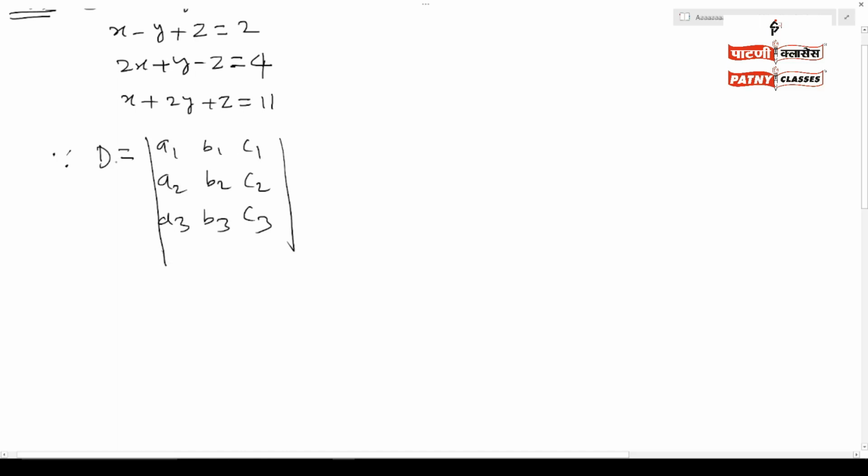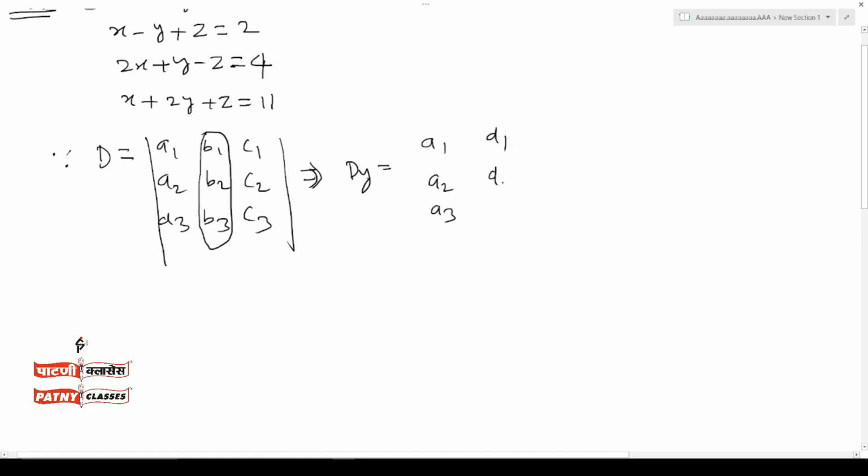Now to find out dy, what we'll do? We will remove the second column and replace it by d1, d2, d3, a1, a2, a3 as it is, and here c1, c2, c3 as it is.